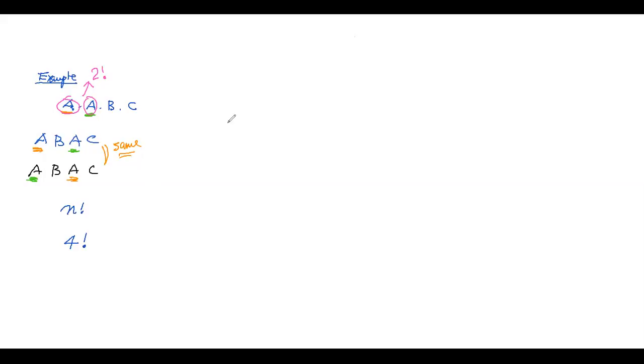So the answer is 4 factorial divided by 2 factorial, because I don't need to repeat those; from the permutation point of view, they're the same. Let me give you another example, and then we can take a look at the example we have.